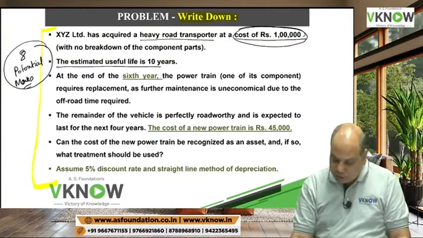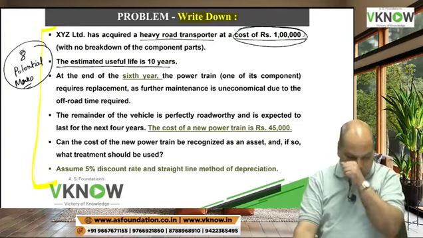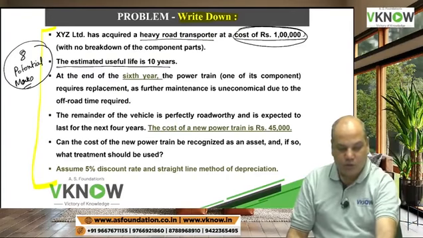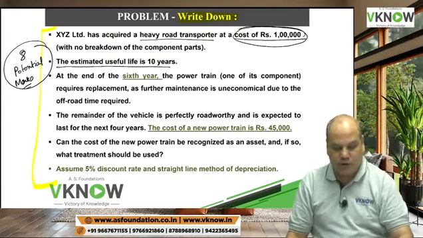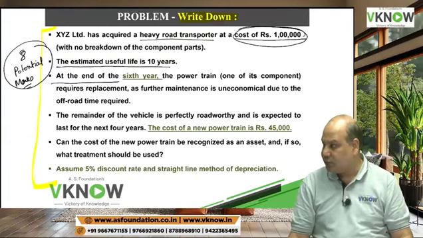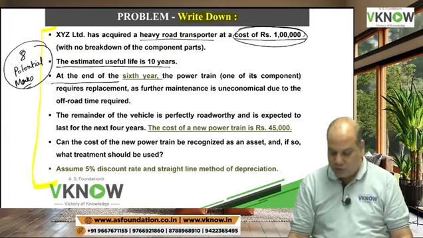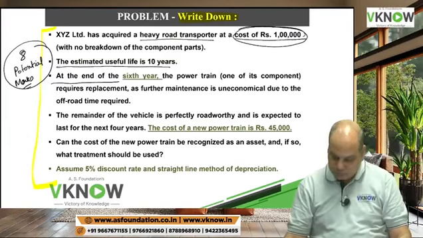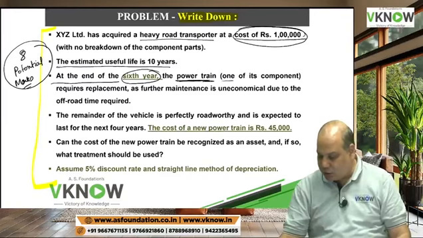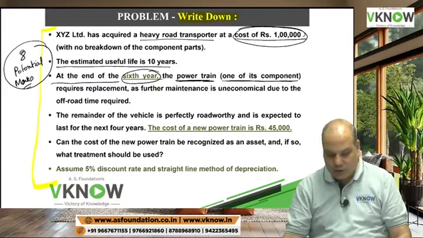Next line, estimated useful life is 10 years. Then write down, at the end of the 6th year, the powertrain. What is powertrain? It is one of its components. Powertrain is the name of the component.